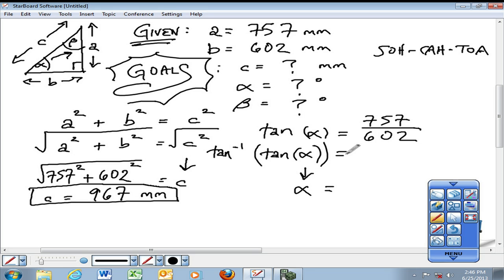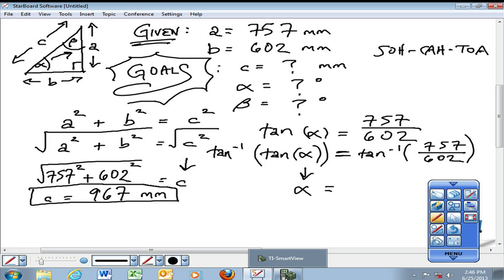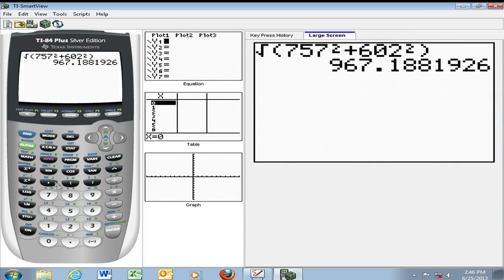And on this side, algebra fundamentals, chapter 4 and chapter 5 fun: what you do to one side of the equation, you have to do to the other. So it's the inverse tan of 757 divided by 602. Let's see if we can make that happen on our TI.